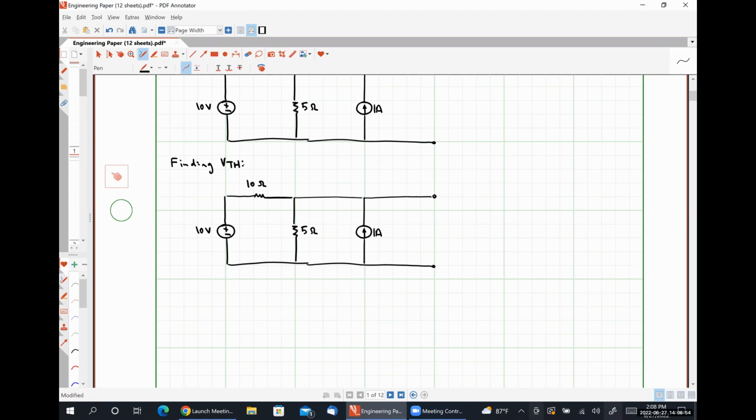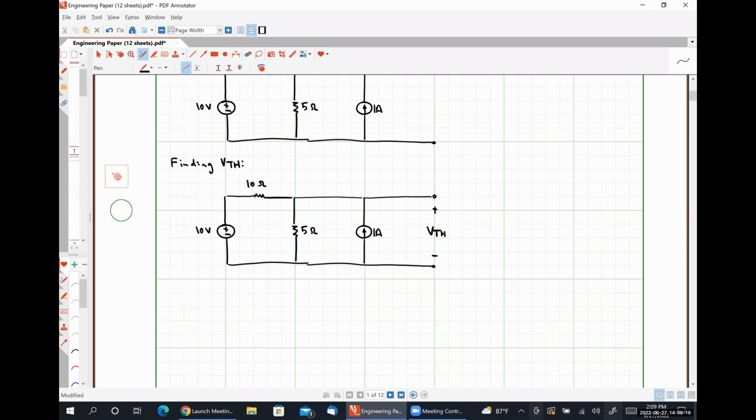So we have these two terminals on the right-hand side. Our Thevenin voltage is simply the voltage drop across these terminals when the terminals are open circuited. How we find that voltage is completely and utterly up to us. We can use any circuit analysis technique that we care to use.